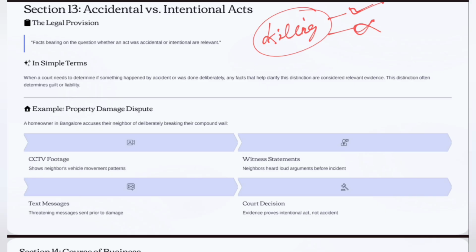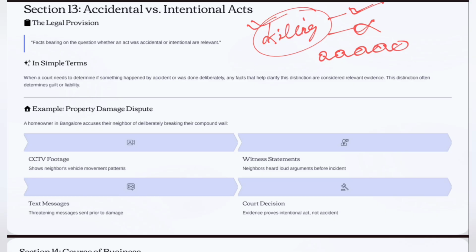And if the killing is the result of various transactions, the evidence of those transactions will also be relevant.